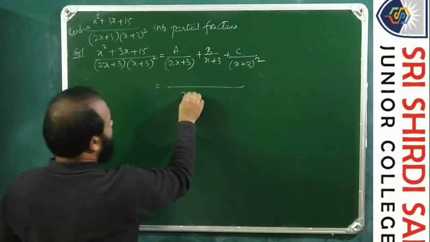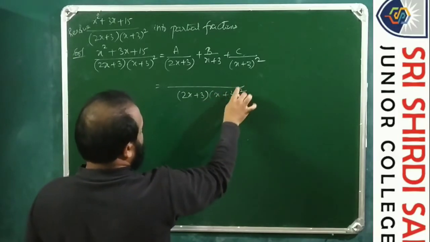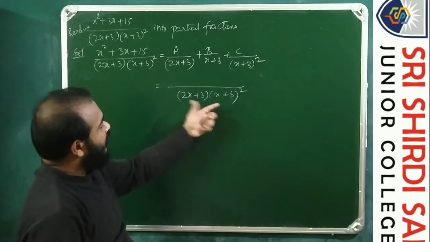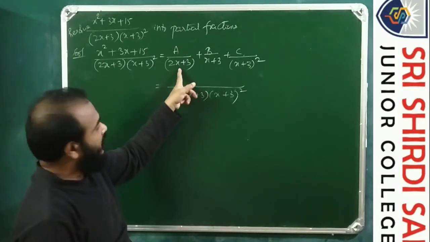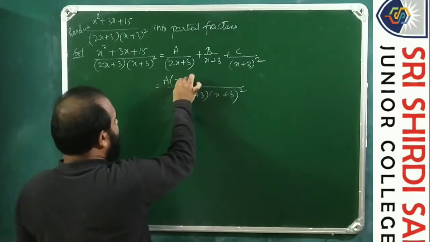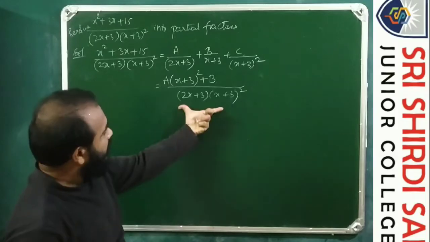This is equals to LCM is 2x plus 3 into x plus 3 whole square. So 2x plus 3 into x plus 3 whole square by 2x plus 3, these two get cancelled. We are left with A into x plus 3 whole square plus B into this by this.